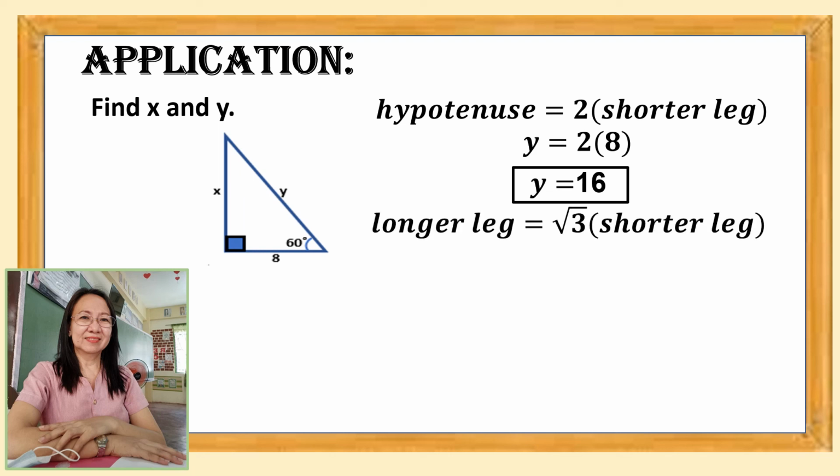Now let us find our x by using the idea that the longer leg is equal to the square root of 3 times the shorter leg. By substitution, the longer leg is x, and then the square root of 3, and the shorter leg is 8. So we obtain x is equal to 8 times the square root of 3.